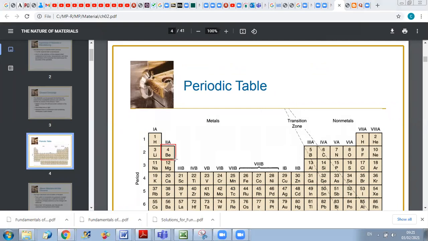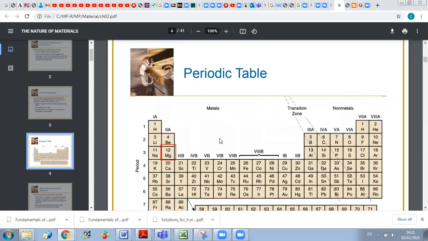Just one piece of information: in general, the majority of metals are groups 1A and 2A, and also you have groups B, which are also within metals. You don't have to know the difference between A and B. It's more details in chemistry.